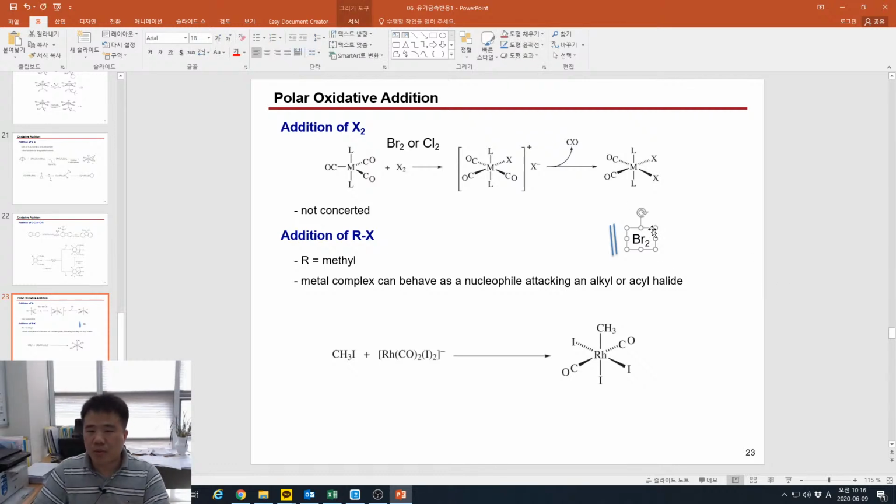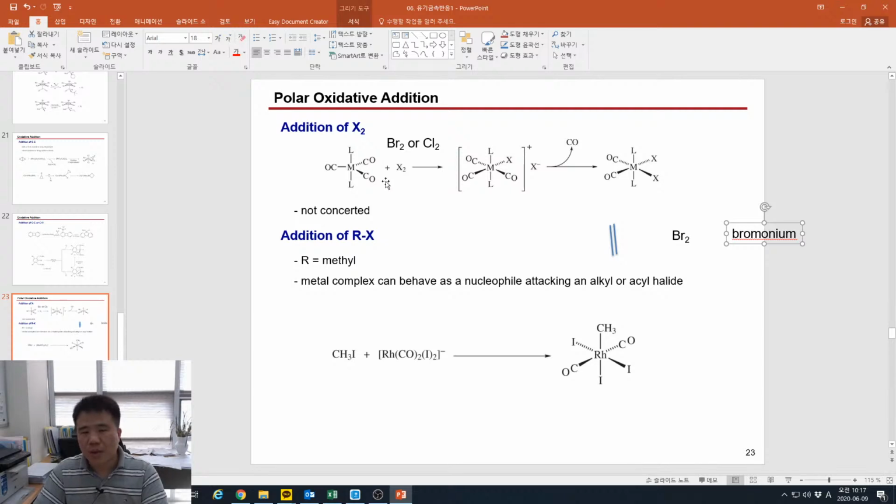if you think about the reaction between olefin and Br2, the olefin will attack the Br to generate bromonium. This is the first step in the addition of Br2 to a double bond. Similarly, double bonds are electron-rich, and similarly transition metals are electron-rich.